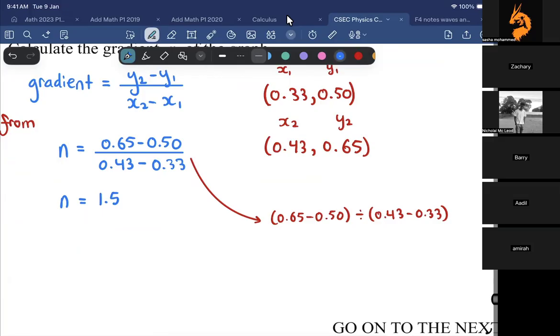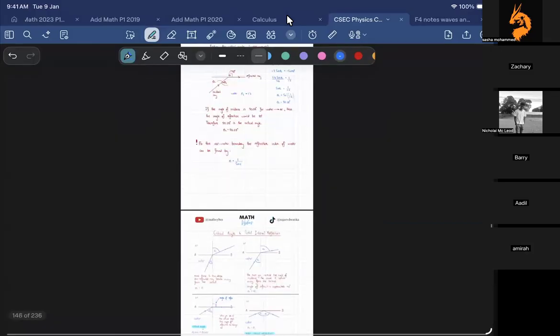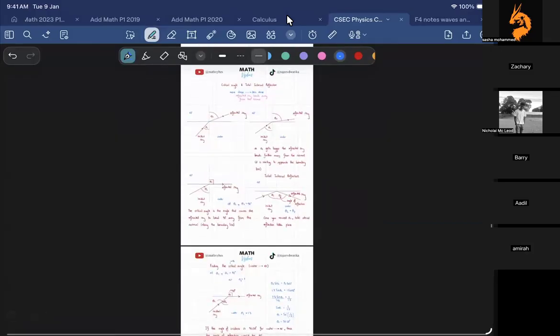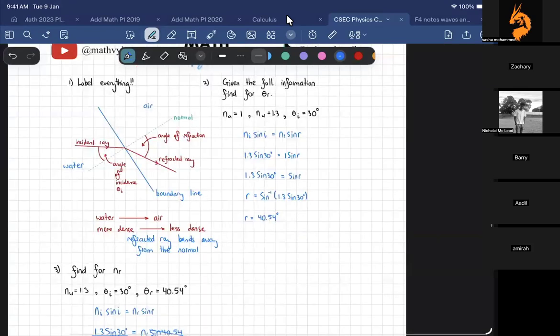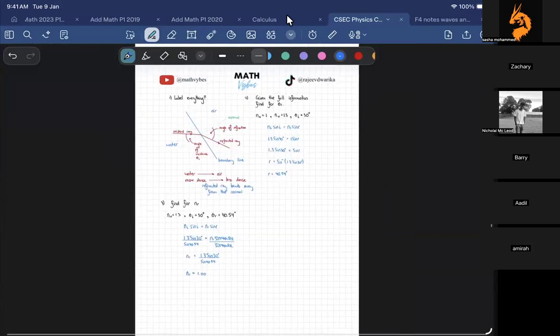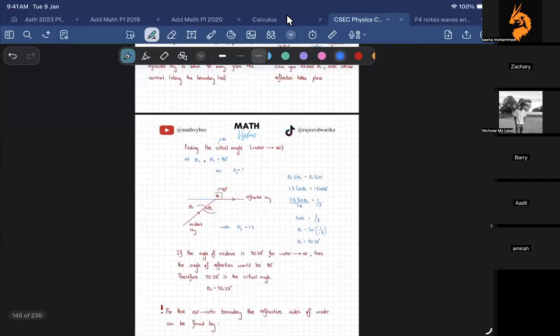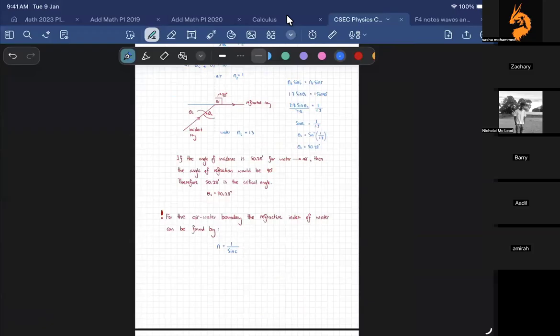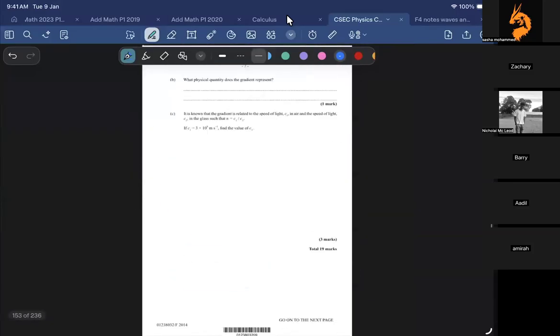And guys, you should know what that 1.5 means. You shouldn't have to question it, because when we were doing this topic, we did it for air, we did it for water. Did I do glass? I'm not sure.